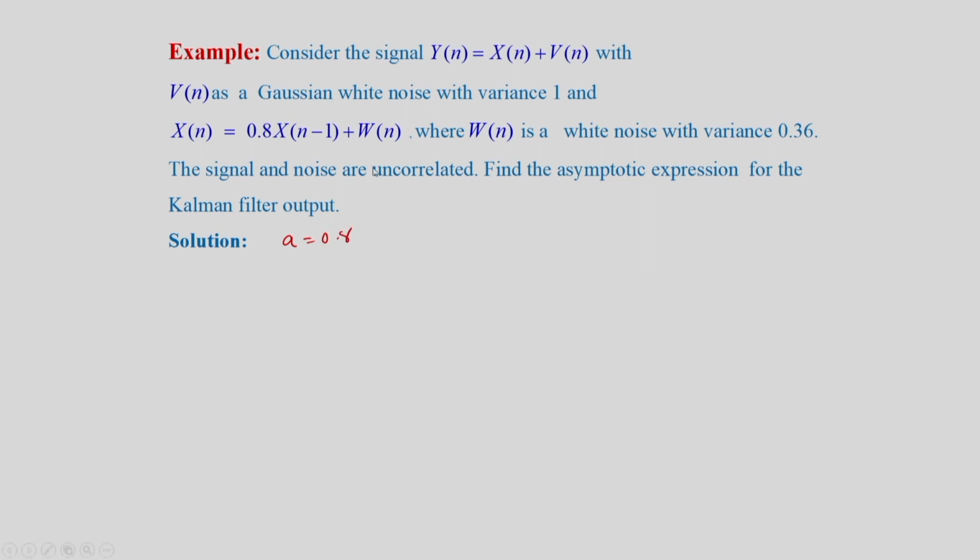Then w n is a white noise with variance 0.36, so sigma w square is equal to 0.36, and v n is also a white noise with variance sigma v square equal to 1. So, these things are given. Now, the steady state equations we have already established.